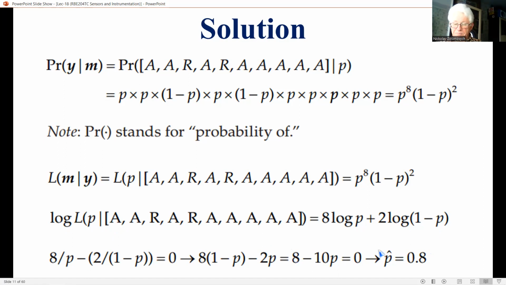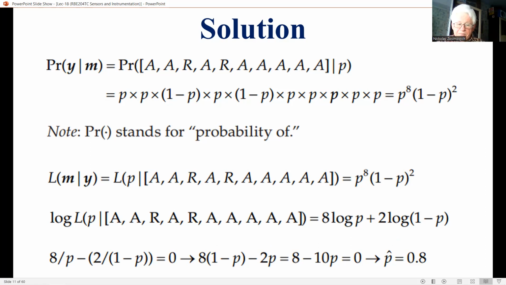Whereas we may find that P hat equals 0.8. For the sake of completeness, we have to show that the second derivative of the likelihood function with respect to the estimated parameter P is negative, so that the likelihood function is a maximum, but not a minimum.